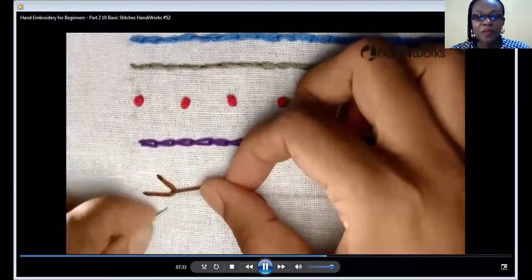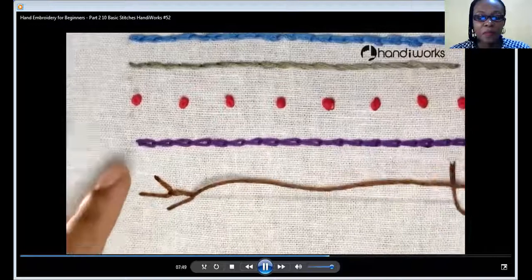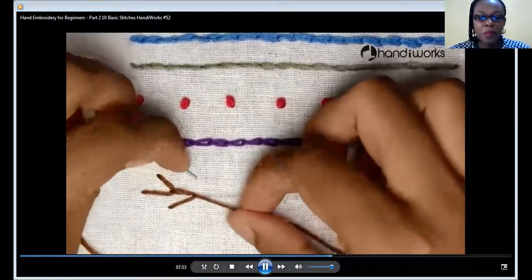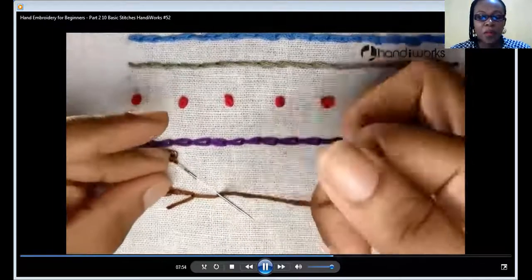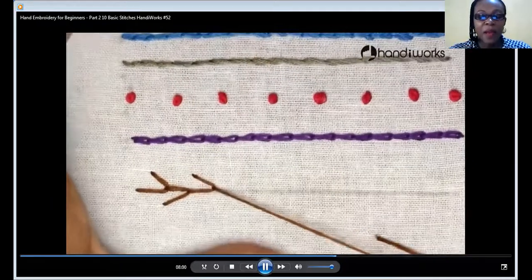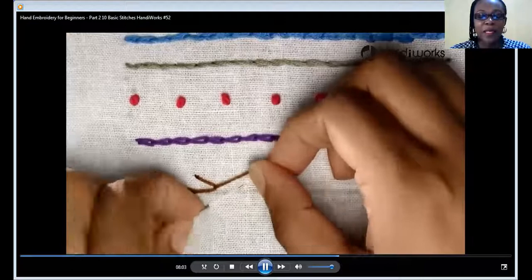You can see the way it's passing the needle and thread, and it's forming feather. Wow, this is lovely.